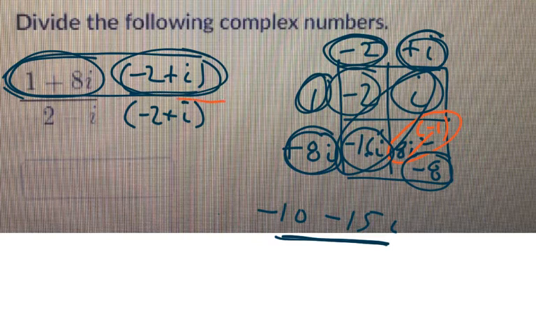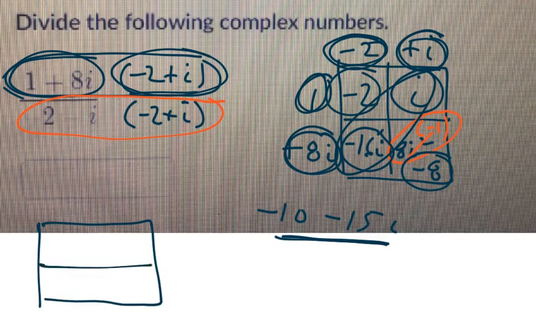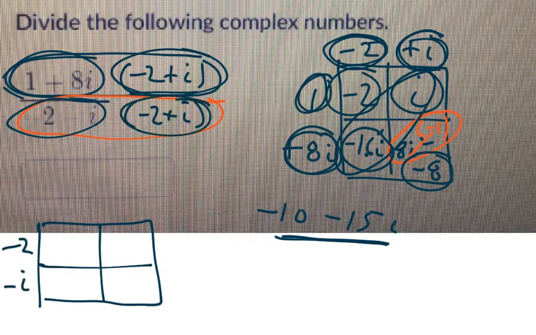Now, let's do the denominator. And you're going to see why we do the conjugate. So I'm going to do the area model here. And I'm going to do right there -2 minus i. And then, of course, I'm going to do -2 plus i. It's conjugate across the top. Let's see what happens. Isn't -2 times -2 positive 4?